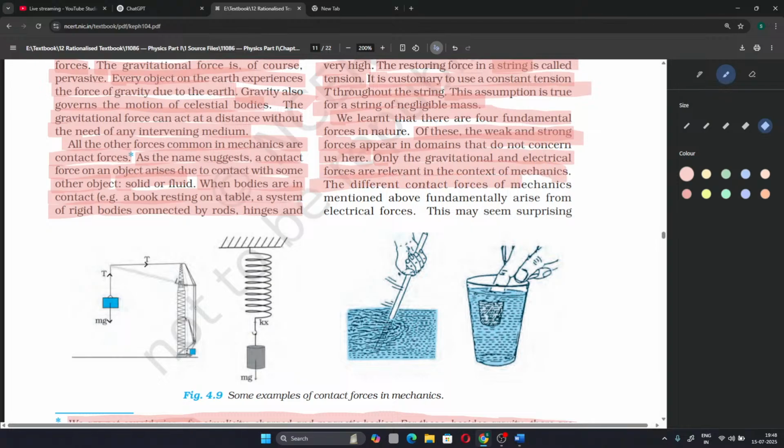The different contact forces of mechanics mentioned above fundamentally arise from electrical forces. How these contact forces are generated: matter is made up of atoms, and an atom contains a positive nucleus and electrons revolving around the nucleus.